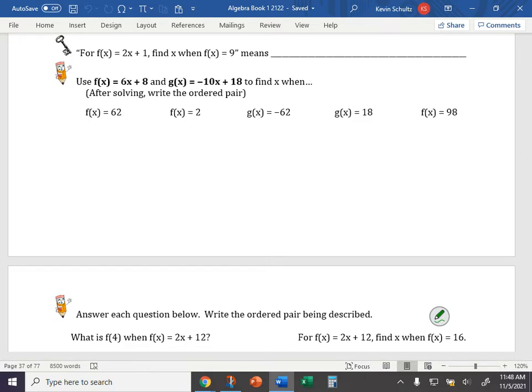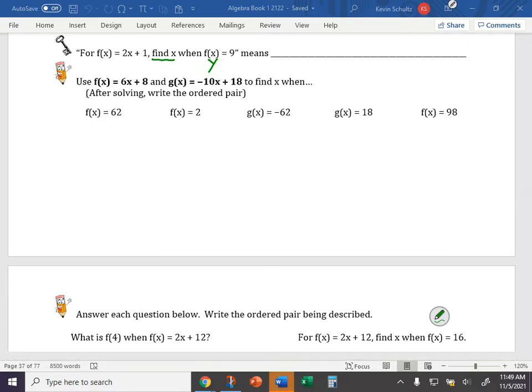When you see something like that, where it says find x, and what variable does f of x represent again? Up above it was f of x meant this, g of x meant this. What does that f of x mean? It means y. You could think about this. You can read this as find x when y equals 9.